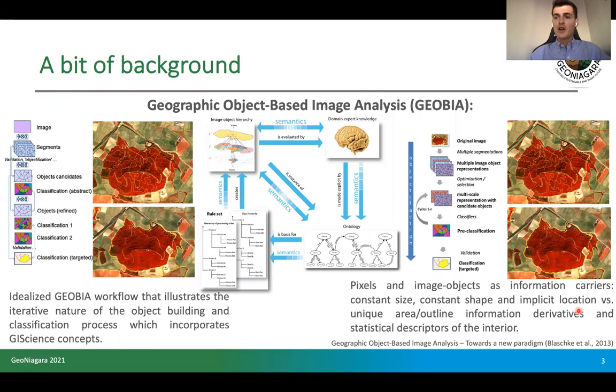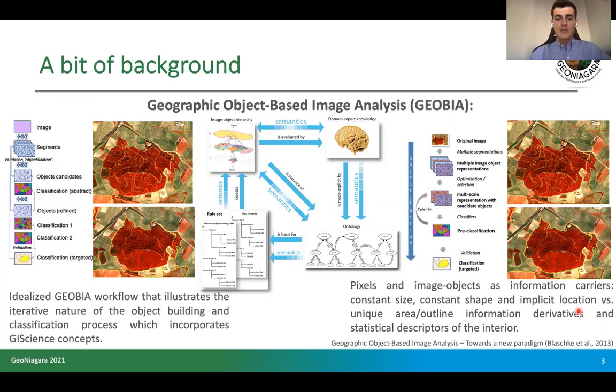In this regard, geographic object-based image analysis has been very popular in the field of landslide identification from digital images, especially since the democratization of satellite imagery in the early 2000s. The GeoBIA workflow, a typical workflow, consists of two main steps.